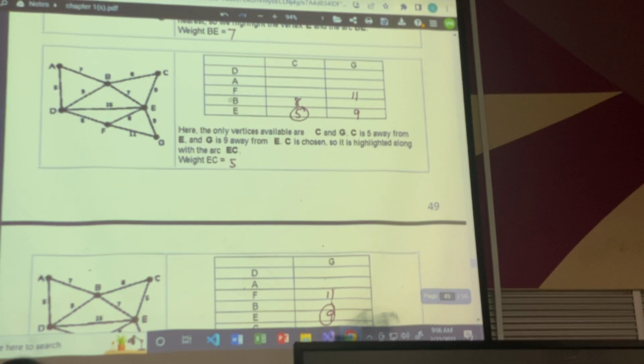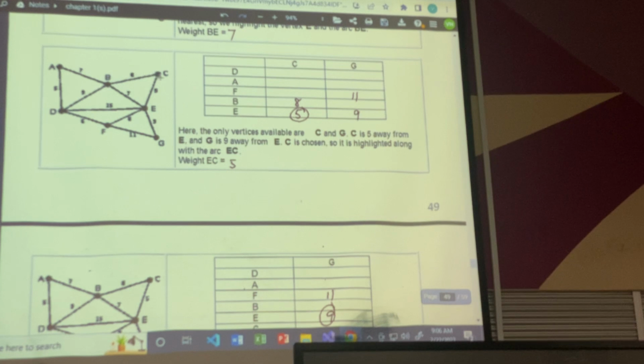If you choose EC or BC, you need to make sure that the one you choose has no cycle. If the weights are the same, but when you choose one it will form a cycle with the previous vertices that you have chosen, then you cannot choose that one. Like this one, BC is fine, not a cycle, right?